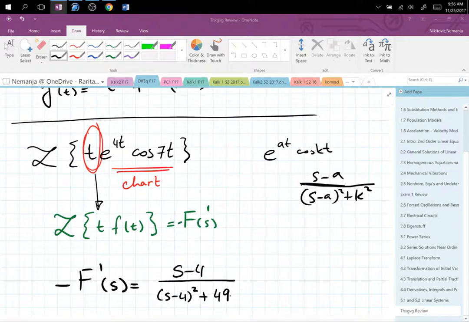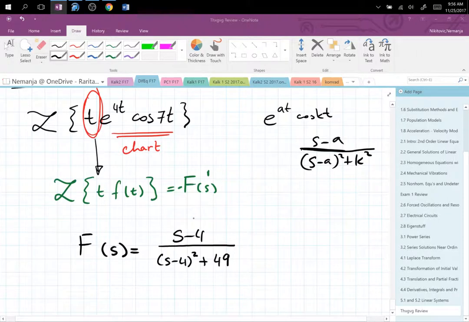So F of s is this, and then you take the derivative of this, and you make it negative.